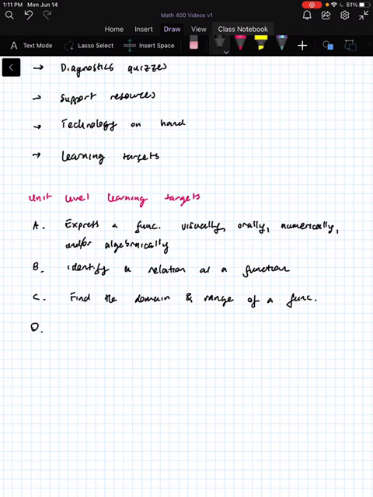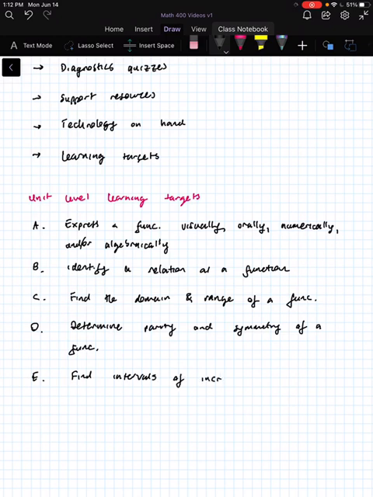We're going to determine the parity and symmetry of a function. E, we're going to find intervals of increasing, decreasing. All of this will make more sense once we actually learn or review these topics for a function.